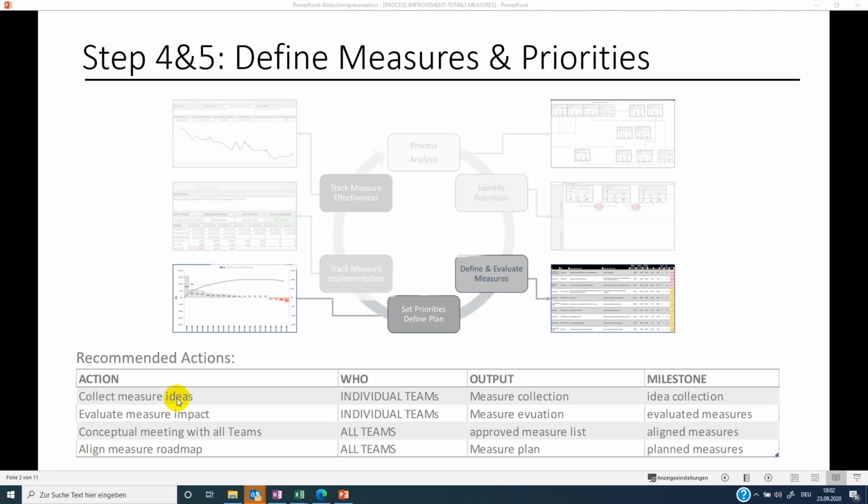Once this is done and you have a set of measures, then you would have to draw up a measure roadmap and align that, and this is the final commitment of the team to the measures that will be implemented.